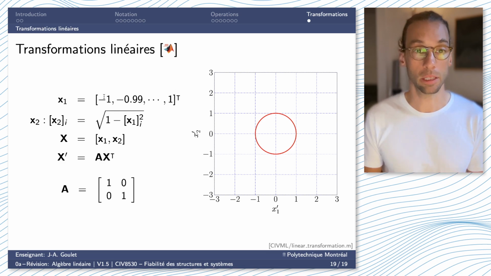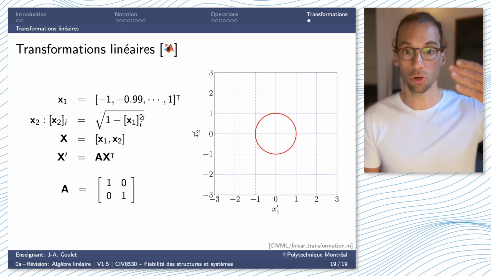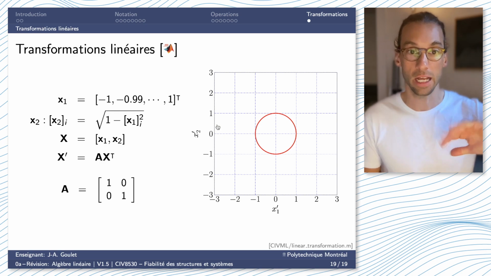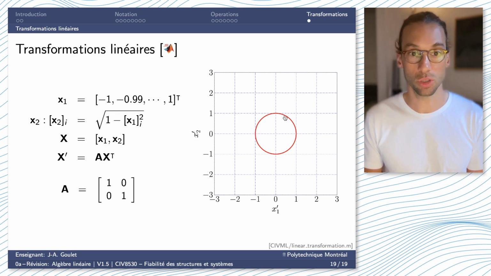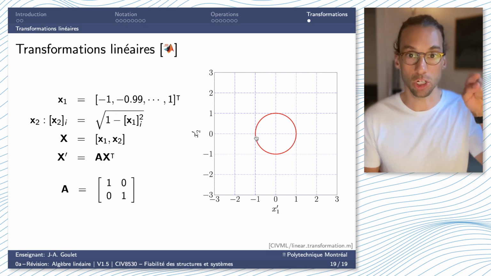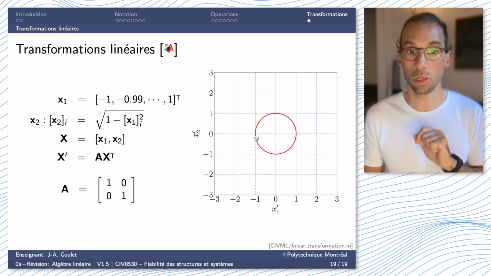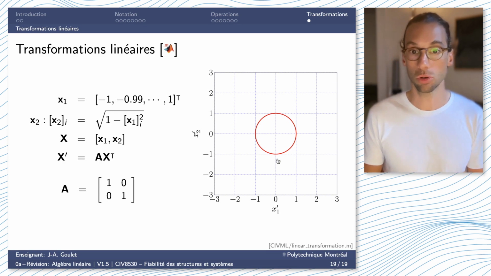Typically you choose some values of x, in this case x1, from -1 to 1, and compute the equation of a circle. x2 is the square root of 1 minus x1 squared, where we have two values for the square root, the positive and the negative. So I'm going to plot the values for the positive square root and for the negative square root, and then make a line that links all those points. This is how I would draw a circle.